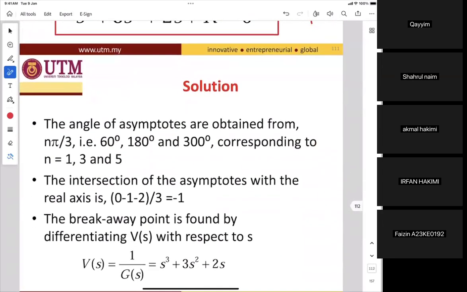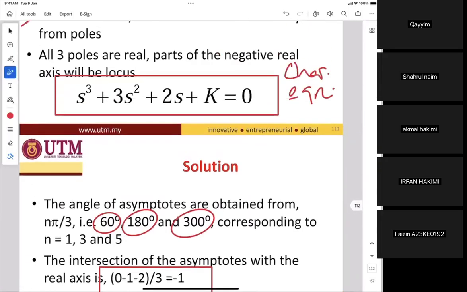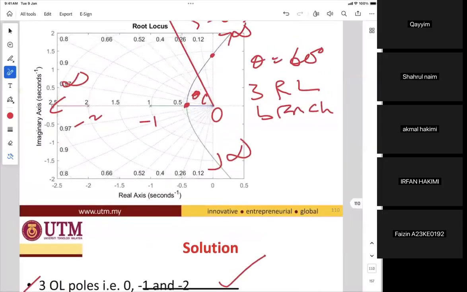So the angles of asymptotes are 60 degrees, 180 and 300. Then the intersection is 0, minus 1, minus 2, divided by 3 open loop poles, which is minus 1. So it is located over there.